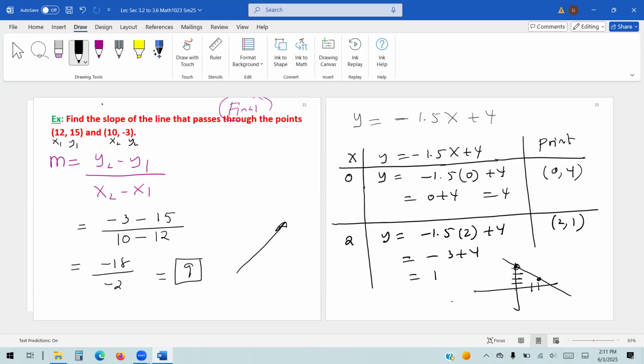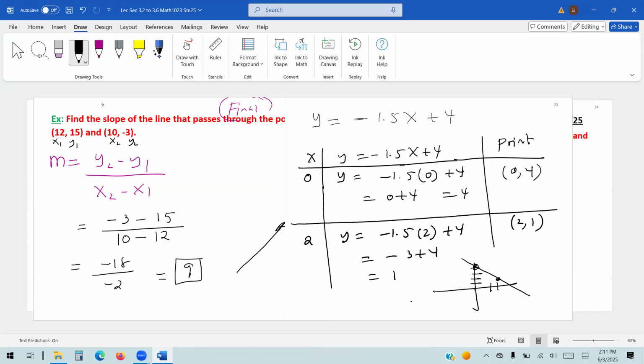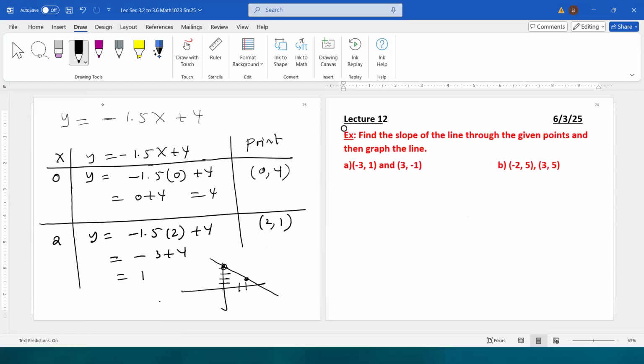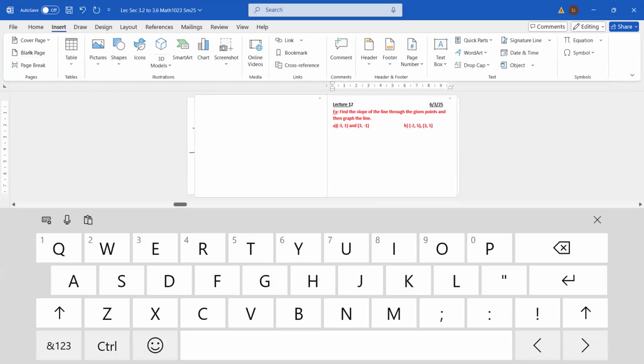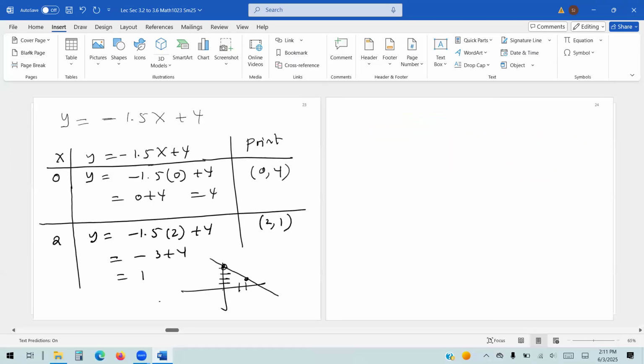Great. Any other question from any other homework? Two lines that do not intersect are called parallel lines.